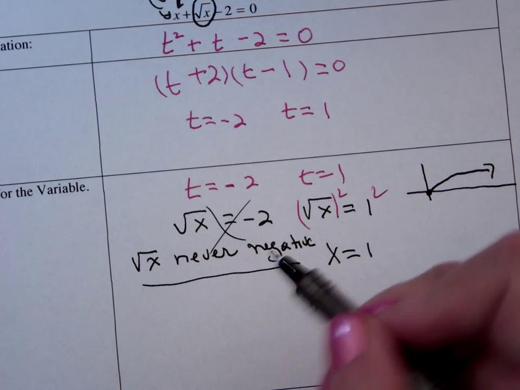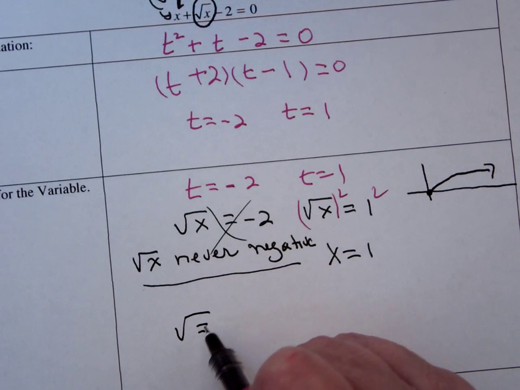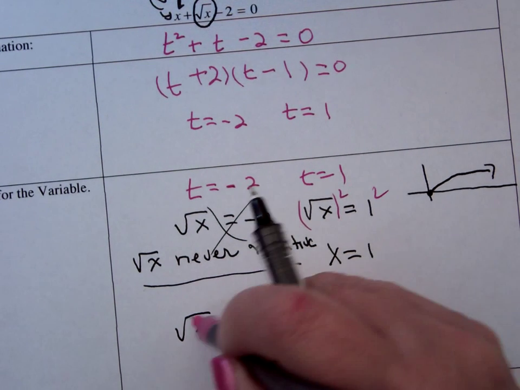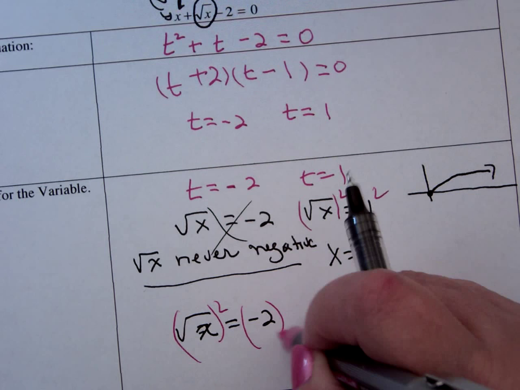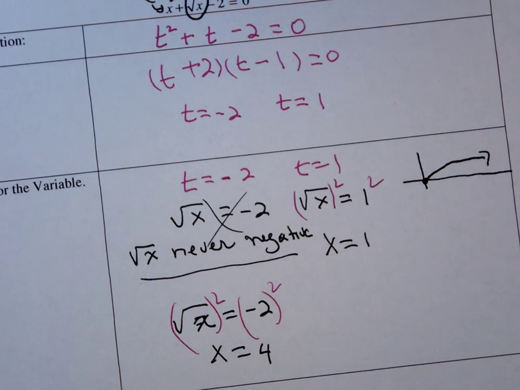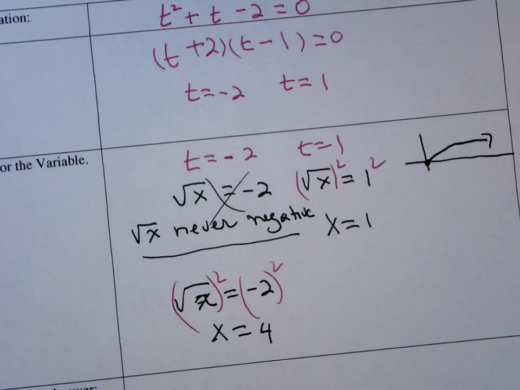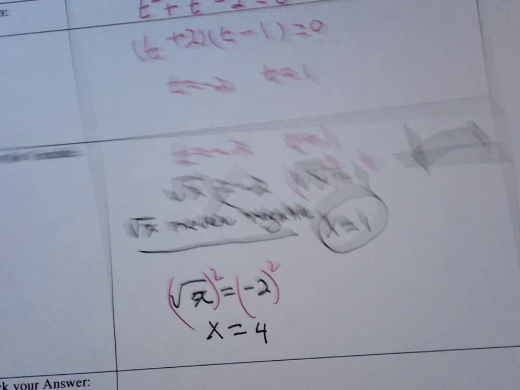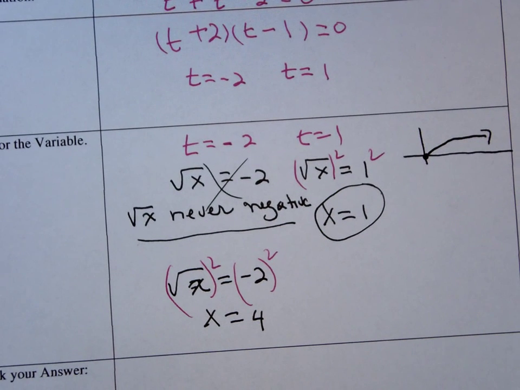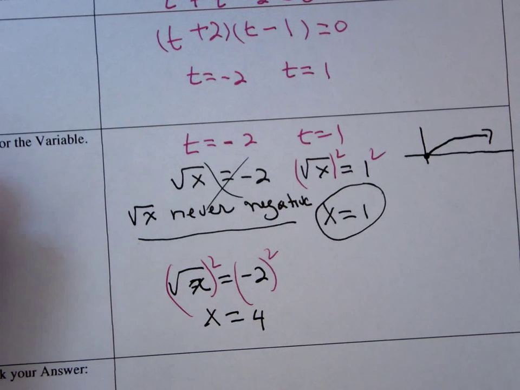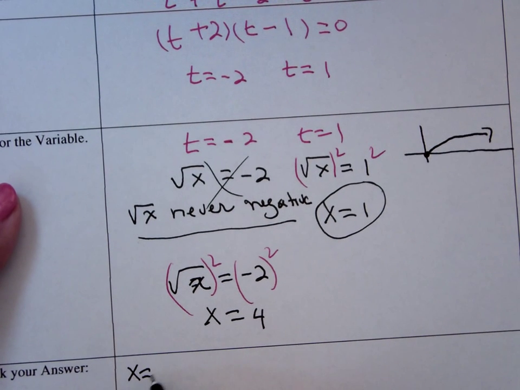But just say that we go willy-nilly and we're not paying attention. And then I go through and square both sides. And I say, well, okay, I've got two answers, x equals 1, x equals 4. That's why anytime you've got a problem that has a domain issue, you want to check your answers. Because this says, suppose x equals 4.